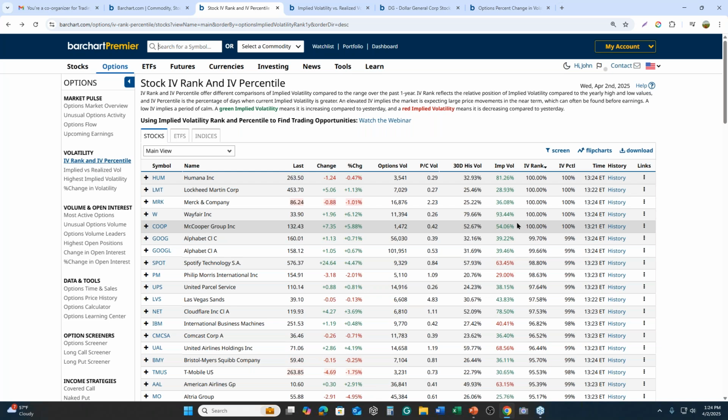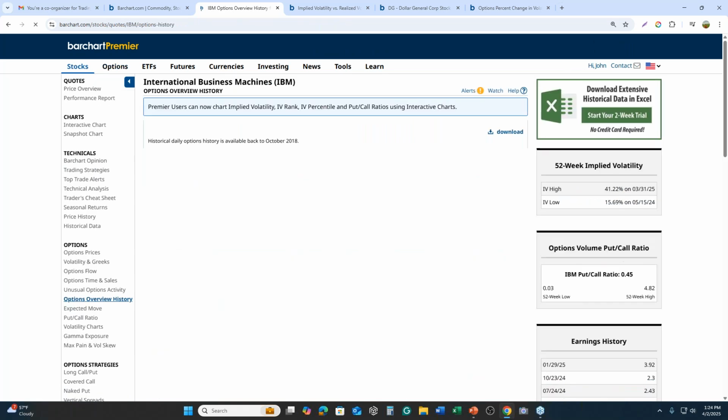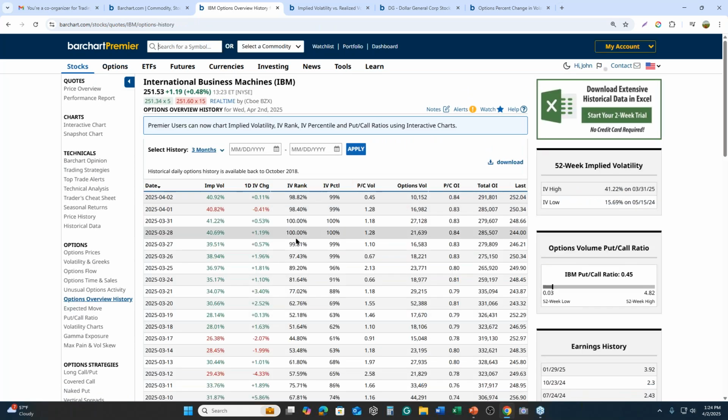So again, let's look at our IBM as our example, and we're going to go to our history again here. If I have a rising implied volatility to where we get to a point of 100% of rank in percentile, this kind of is alerting us that the current price trend or price action, excuse me, is getting a little bit long in the tooth.